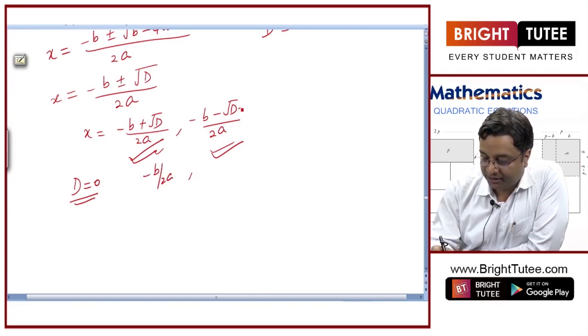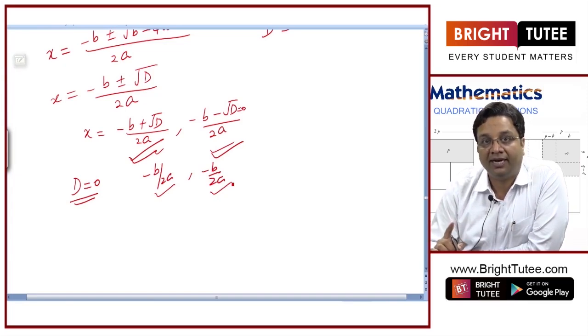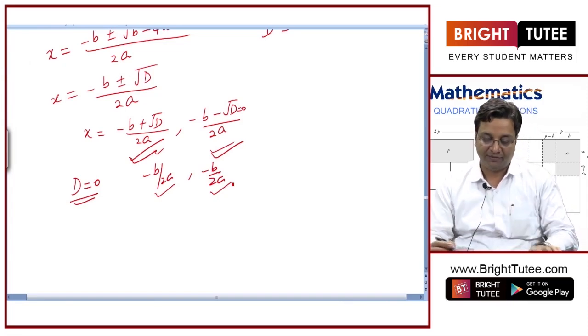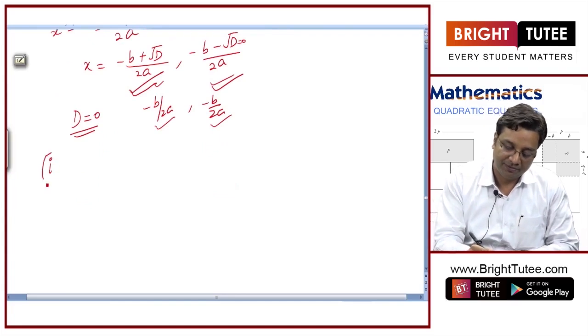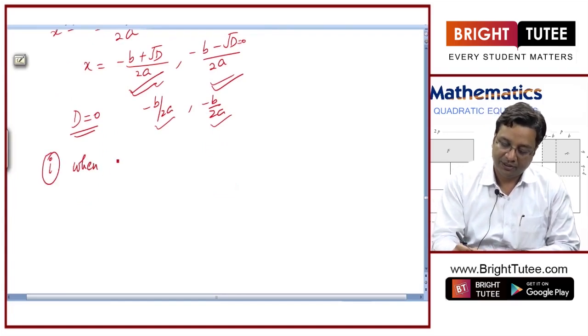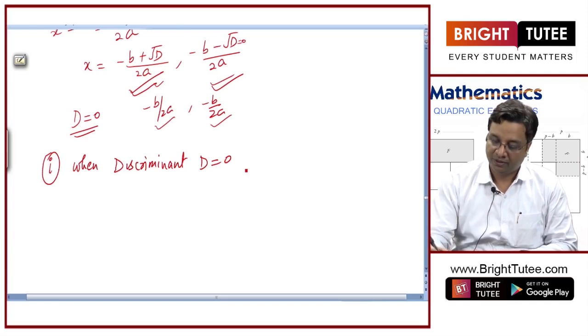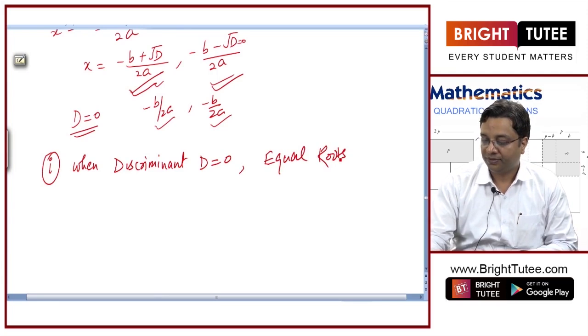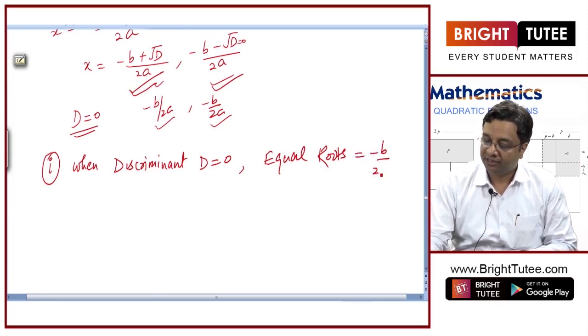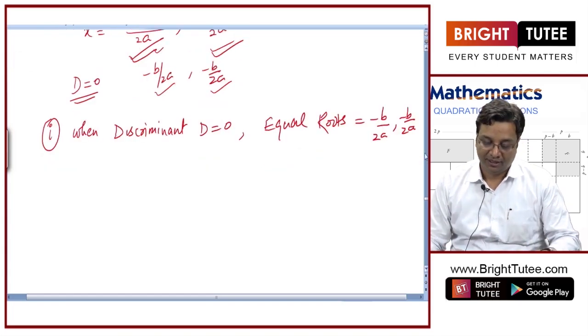Similarly, here it will also become minus b by 2a. Both the roots will become equal, and equal to minus b by 2a. So case number 1: when discriminant d is equal to 0, a quadratic equation will have equal roots, and the roots will be equal to minus b by 2a, minus b by 2a.